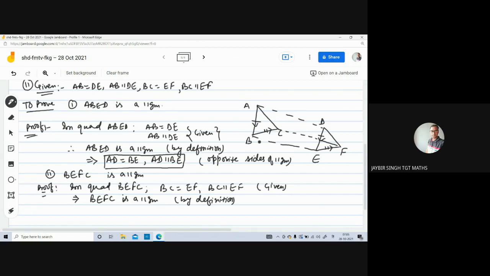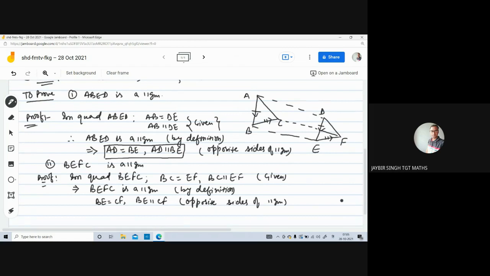And now the second pair, BE is equal to CF and BE parallel to CF. This is opposite sides of parallelogram. Another pair of opposite sides.